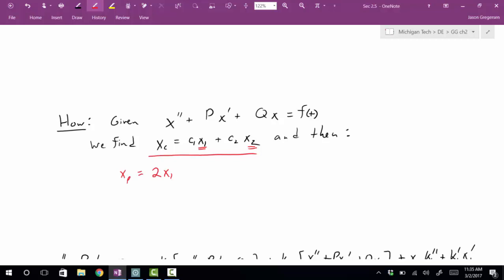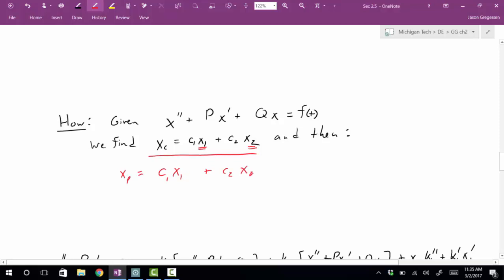So it's not going to give me f of t. It's going to give me 0. It's part of the complementary solution. Doesn't matter if it's times 2, times 3. So I cannot use any number times x1. What about x2? Can I use some number times x2? No, same argument. So I can't use some number times x1 and some number times x2.